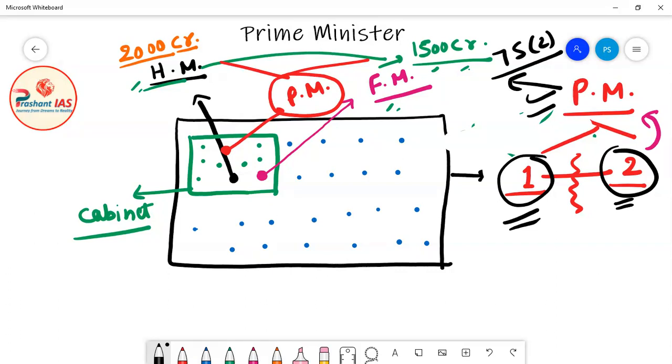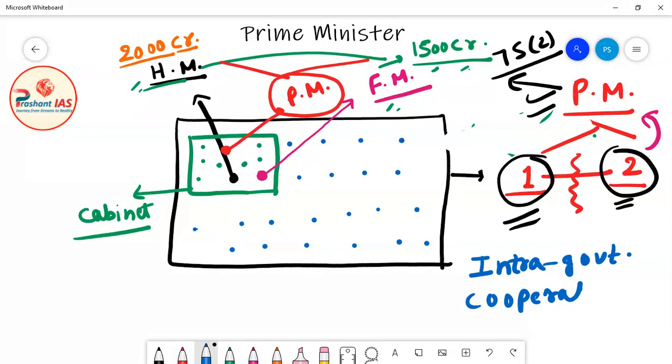So friends, on the basis of the above discussion, we can conclude that it is the Prime Minister who brings intra-governmental cooperation. Intra-governmental cooperation means cooperation within Council of Ministers, cooperation within government. Why?